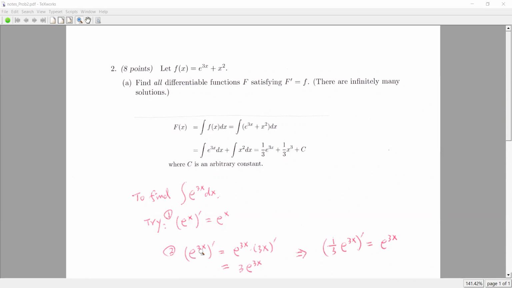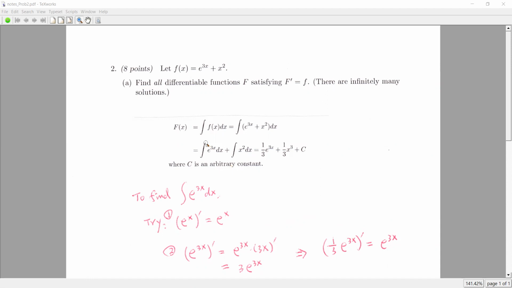Derivative of e to 3x by the chain rule is this. 3x derivative is the number 3. Now, move the number 3 to the left side, then I have this equation. This equation says that this function is an antiderivative of this function.